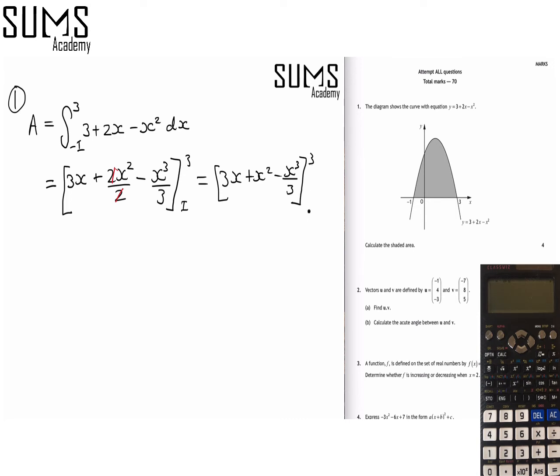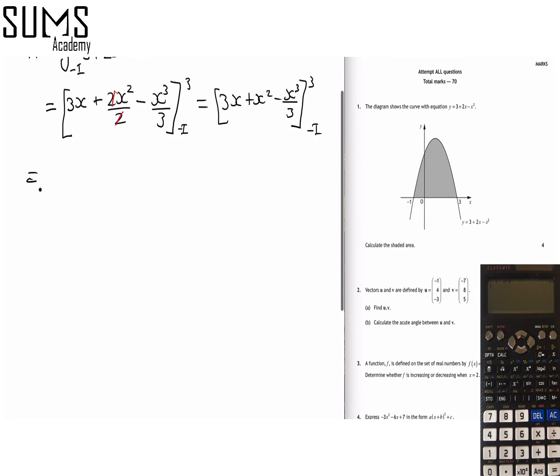Between 3 and negative 1. So what we can start to do now is sub in the values for x into this integrated equation. You need to do the upper limit minus the lower limit. So 3 times 3 plus 3 squared minus 3 cubed over 3.